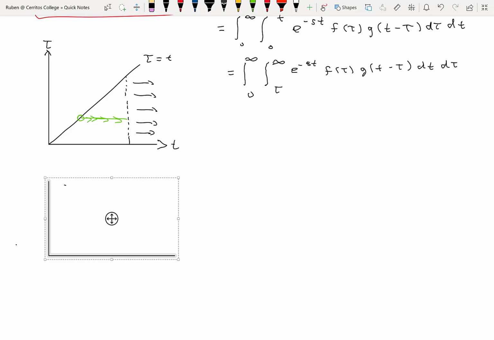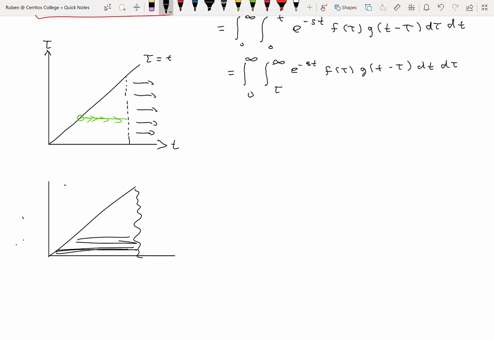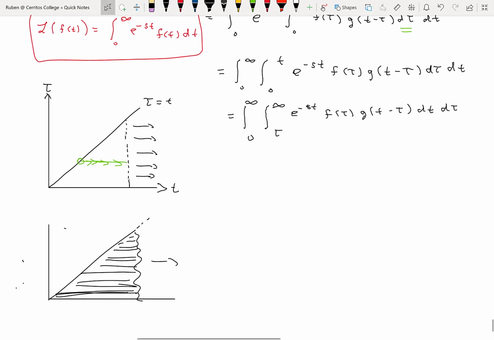We've integrated over this region, just in case you're not quite sure. We've integrated over this entire shaded region here, and it goes on to infinity. So let's just indicate this, to indicate that this shoots off to infinity. Okay. Well, let's keep going with this.